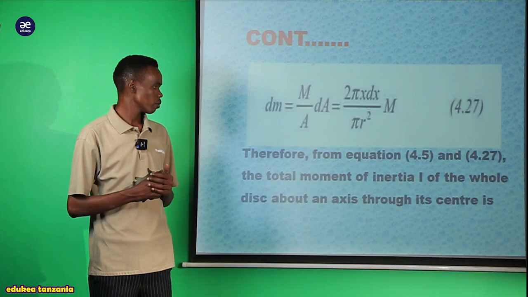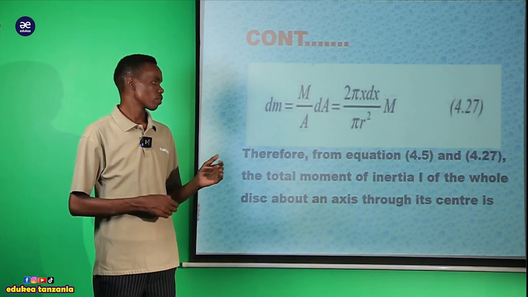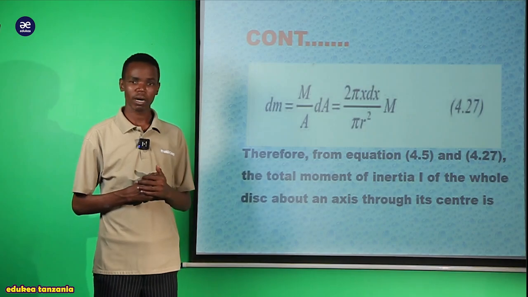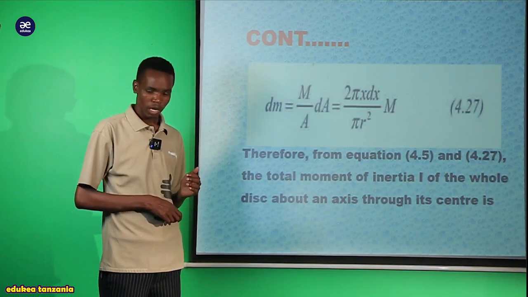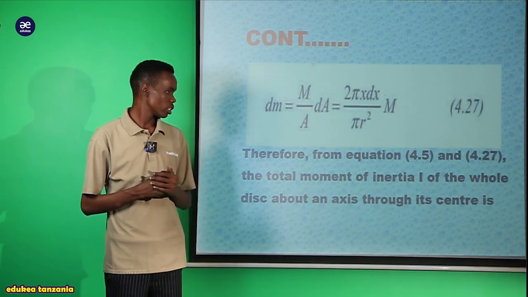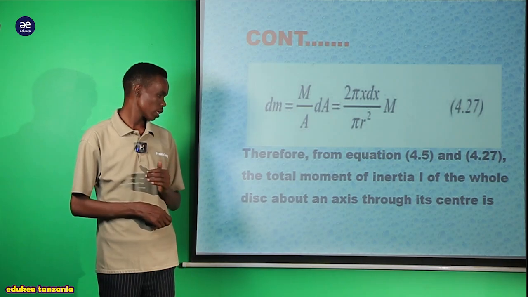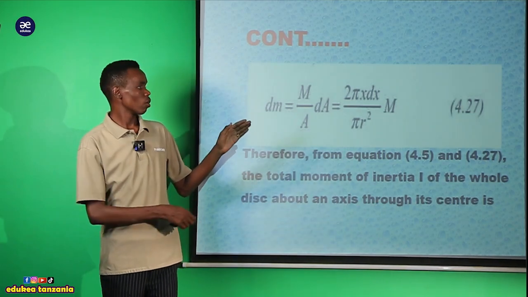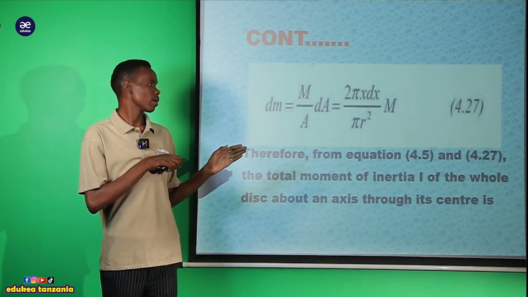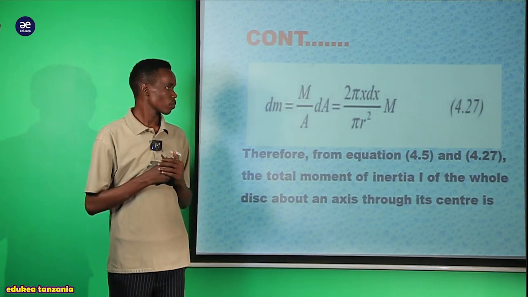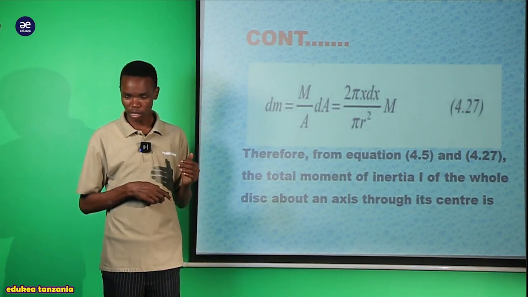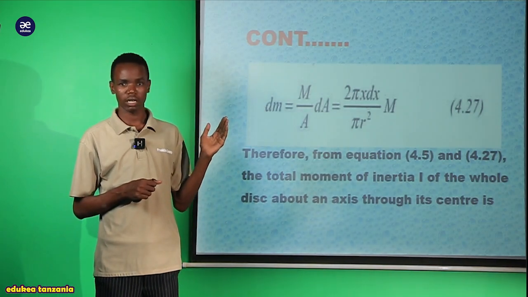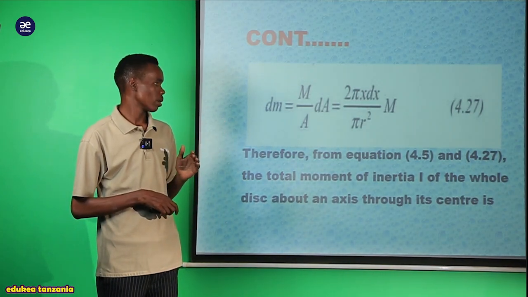So after this one, we should conclude by saying that from the equation number 4.5 and also our equation number 4.27, the total moment of inertia here, I, of the whole disk about the axis through its center is given by this one. Kwa baada ya hapo sasa tunachoenda kukifanya hapa, tutaenda kuintegrate. How we are going to integrate so as to determine the value of the dm.